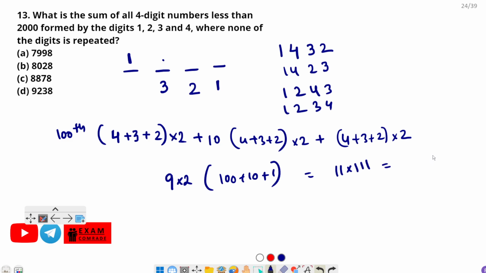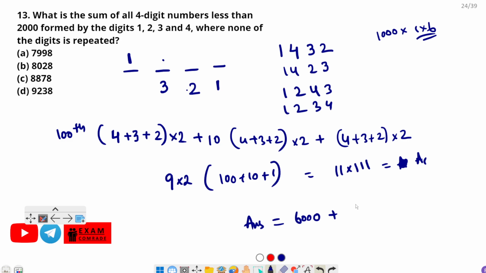The answer will be, we have to add the thousands place sum also. How many combinations are possible? 3 into 2, so there will be 6 combinations possible. So we can write 1000 into 1 into 6, so we'll add 6000. So the answer is equal to 6000 plus 11 into 111.